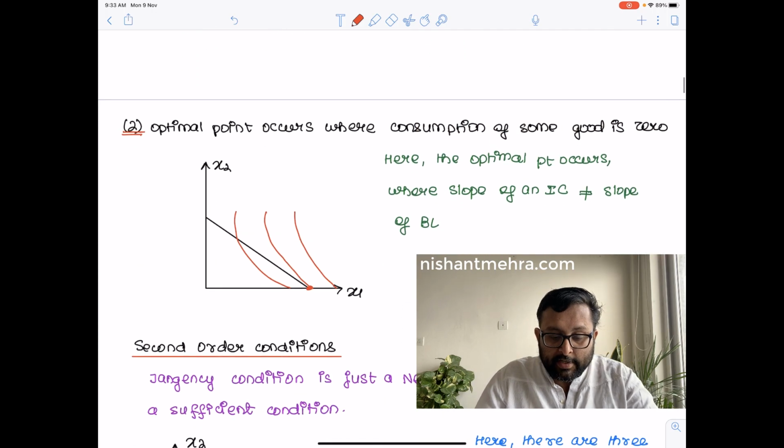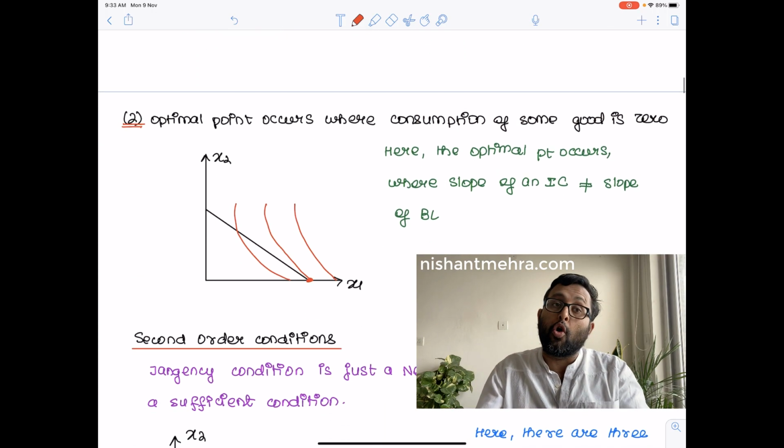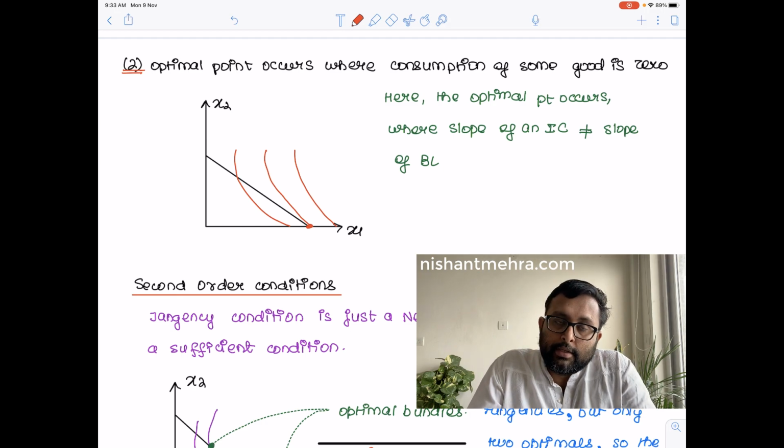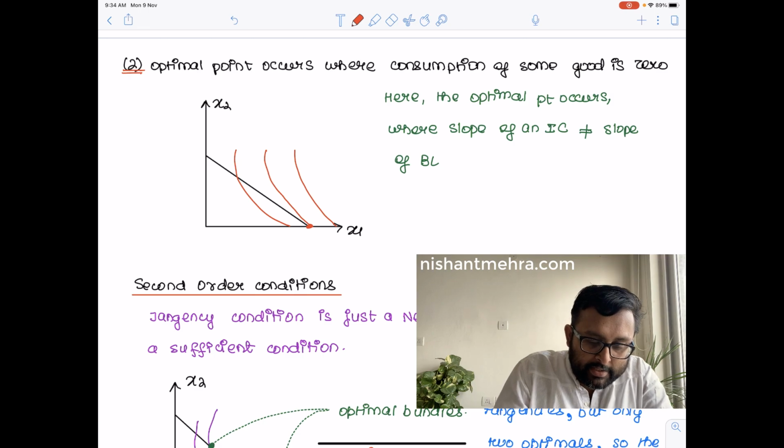Also, tangency is not satisfied where you have a corner solution. Where you have a corner solution, again, tangency is not satisfied. So how do you define a corner solution? Where only one of the goods is consumed. Now, in this example, as you could see, this guy is going to maximize his utility at this particular point.